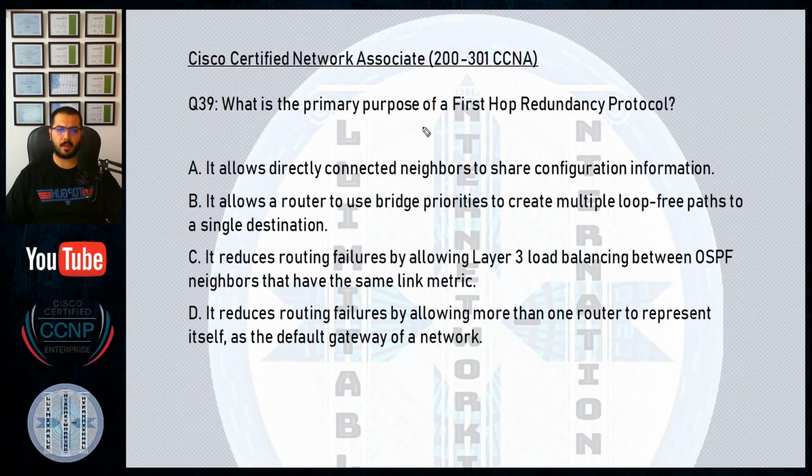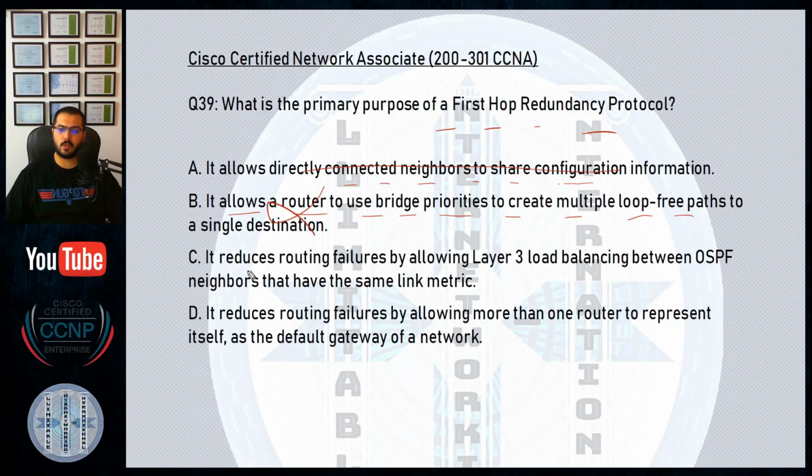39. What is the primary purpose of FHRP? We know about that. We have labbed that. Okay. It allows directly connected neighbors to share configuration information. No. It allows a router to use bridge priorities to create a multi-loop free path to a single destination. No. Routers are already almost loop free, depending on the loop prevention mechanism of the protocol.